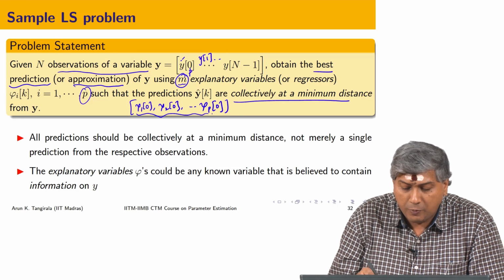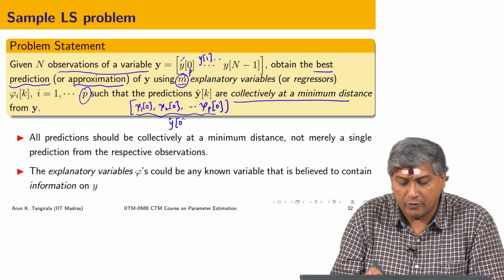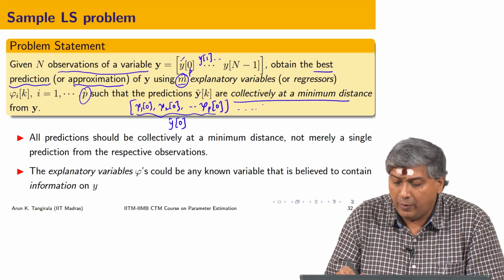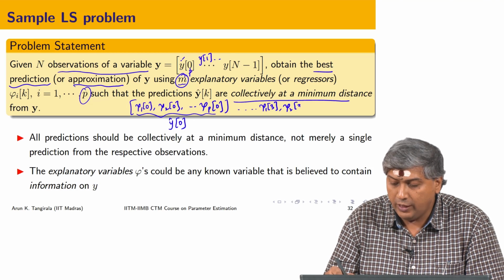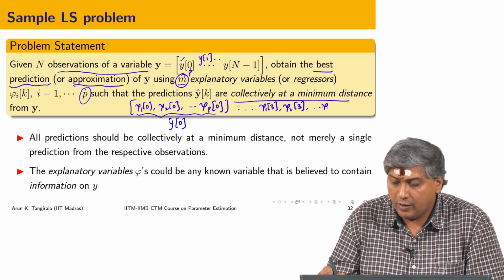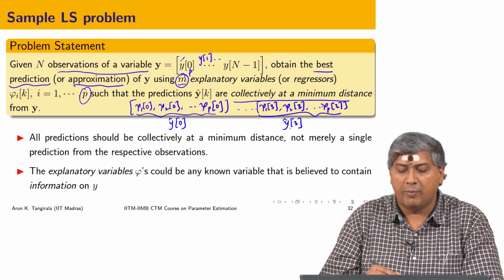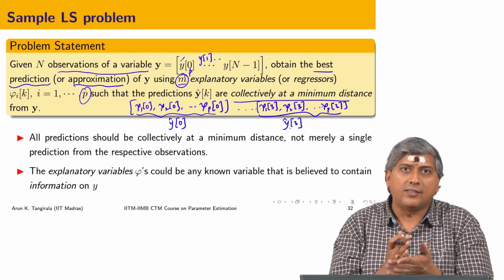Using these p explanatory variables, I obtain y hat of 0. Likewise, at maybe some third instant, I have psi 1 3, psi 2 3, psi p 3. So, using these explanatory variables, I have y hat of 3 and so on. So, now you can imagine that I have an approximation of y at each instant.